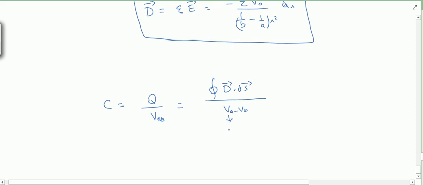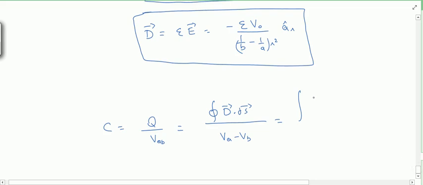And you know that for V_A it is given V naught, and for V_B it is given 0. So you can simply write it as, if I first write V_A minus V_B, then I will write in place of D, the above expression, minus epsilon V naught by 1 by B minus 1 by A R square a_R cap.